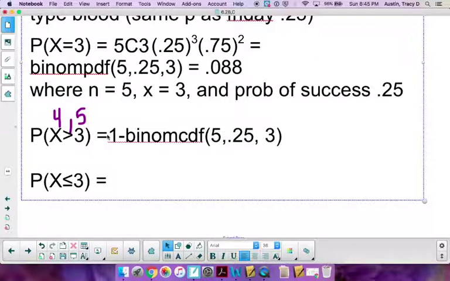You should have gotten binomial CDF, 5, 0.25, and 3, which should give 0.016. So rounded, about a 1.6% chance of having more than 3 kids with type O blood in a family of 5.